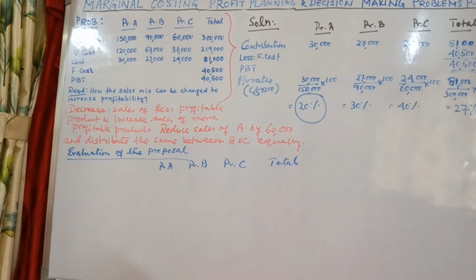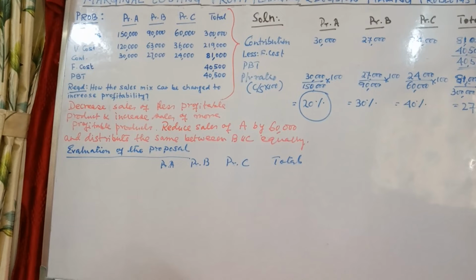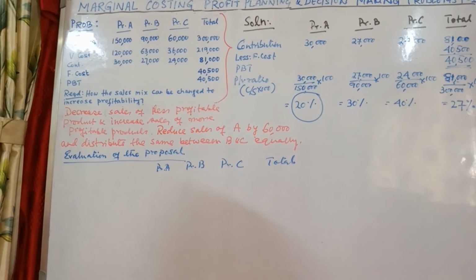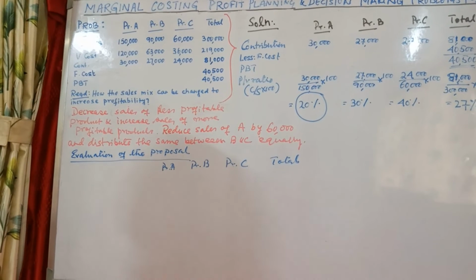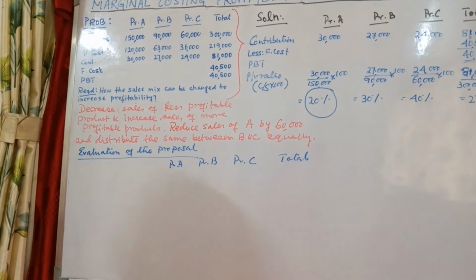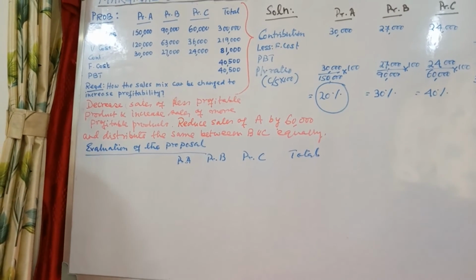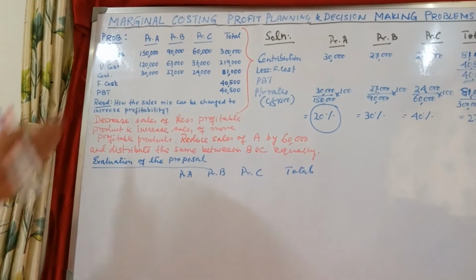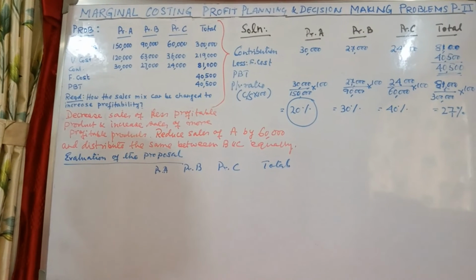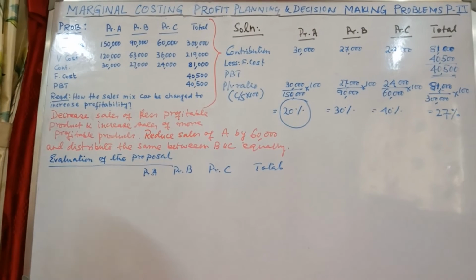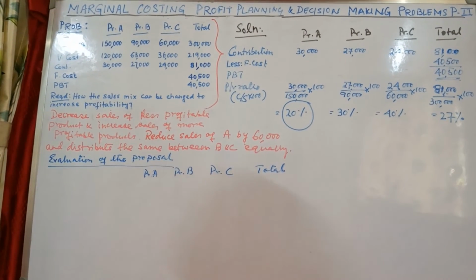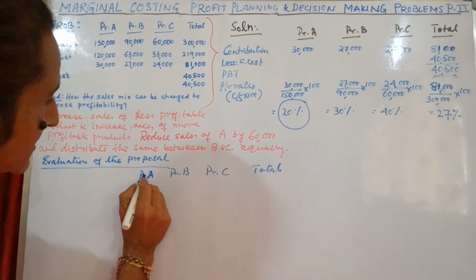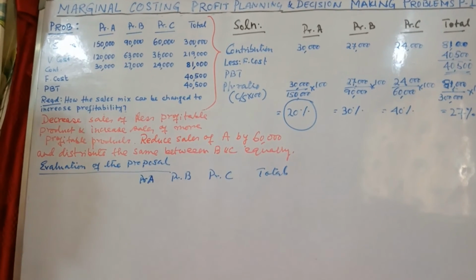In that scenario, the management wants to reduce the sales of product A and increase the production and sales of product B and C, so that the management can stay in the market in terms of selling product line A. At the same time, it can increase its profitability. Now let us see what happens if that decision is implemented.